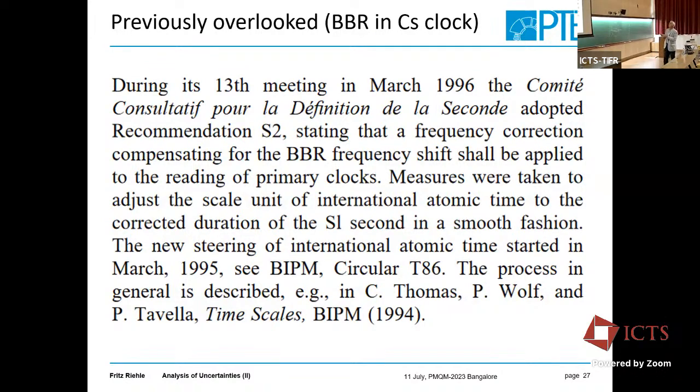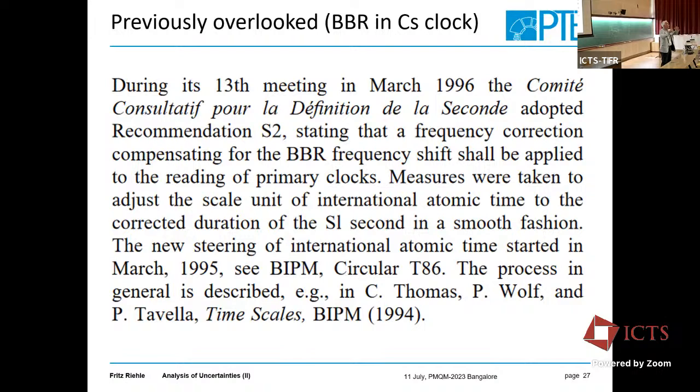Measures were taken to adjust, and then we have the problem that the scale of UTC is off. If we apply a correction, then the scale of the second would change. It's also not so nice.